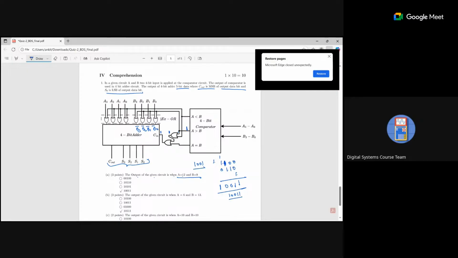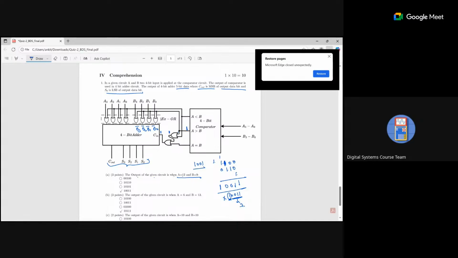Now, if we do not consider the last carry bit, we neglect this carry and this is the output. So you can check the output is 3. 12 minus 9 becomes 3. Already discussed in the last class, Friday, this type of question.